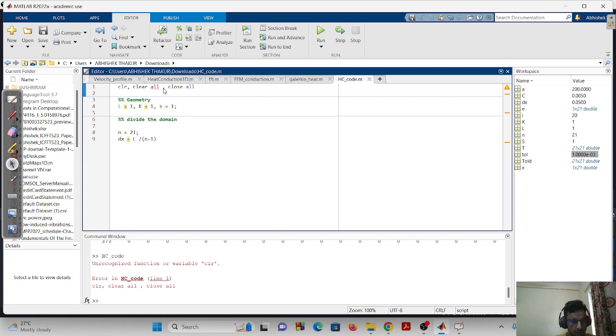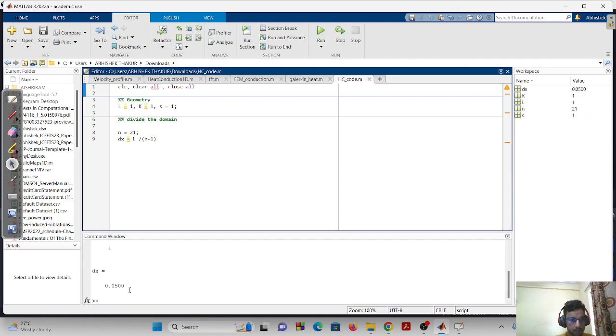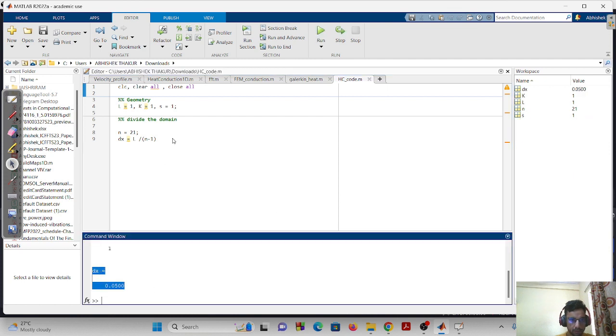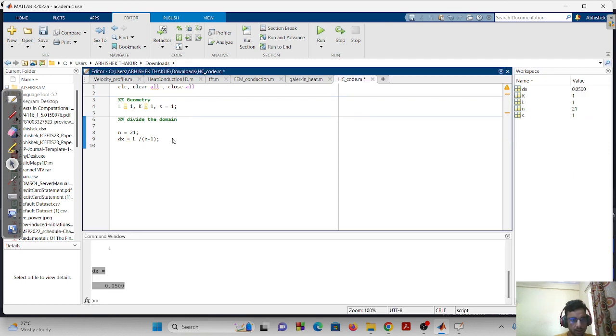You see the dx is 0.051, right? And you also define x from 0 with a difference of dx to 1. This gives us the discrete points in the domain.